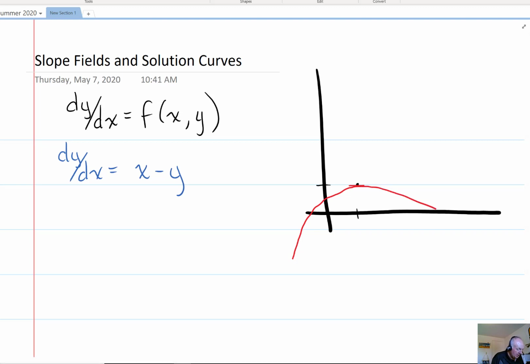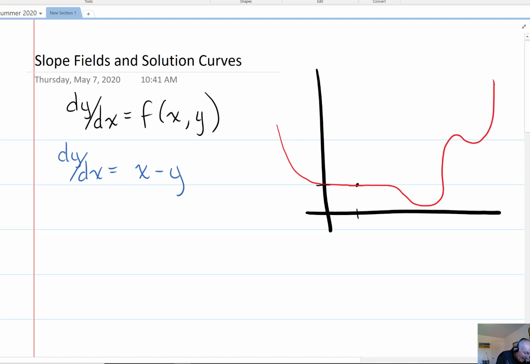We don't have much information about the solution curve at this point, but we do know that at that one individual point, it has to flatten out. Now, by itself, that one point isn't very helpful. What is preferred is for us to put a bunch of these little slopes together.